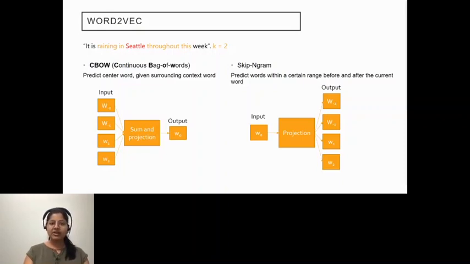Whereas in the skip-gram, you are given Seattle and you want to predict words one by one, such as raining given Seattle, in given Seattle, throughout given Seattle, and so on. So this is with regards to a window of 2. You can increase and decrease the size of the context, but still it is incorporating the local information. Let's move to the next one.